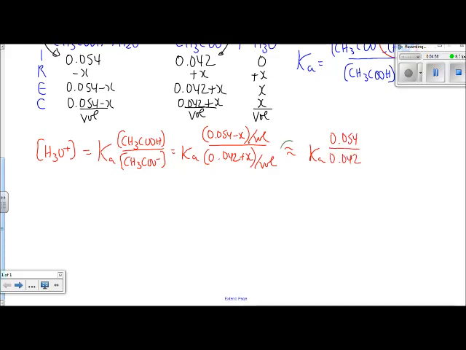This again is when X is much smaller than 0.042. And the number we get here is then the molarity of the H3O plus. Take minus the log of that to get to our pH. Happens to be an acidic buffer, this time created with a weak acid and a strong base.